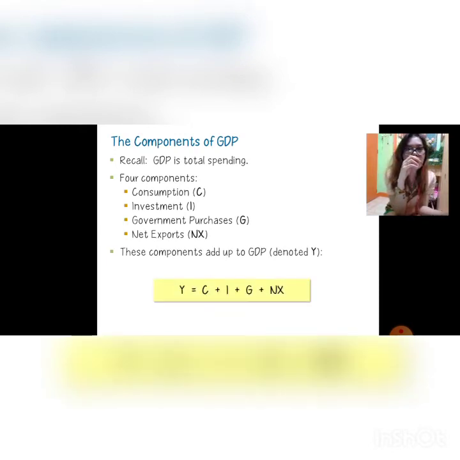These components add up to GDP with the following mathematical equation. Y, which stands for the GDP, equals C, our consumption, plus I for investment, plus G for government purchases, and NX, or the net exports.